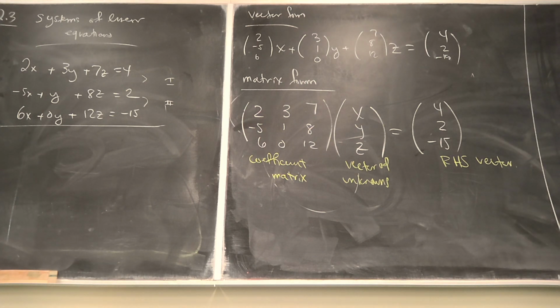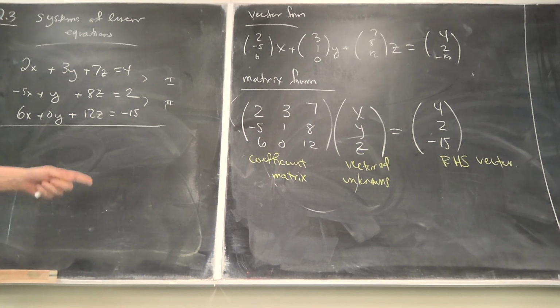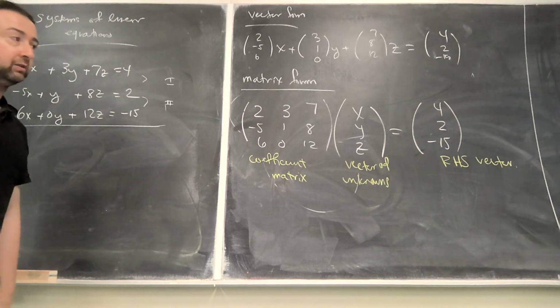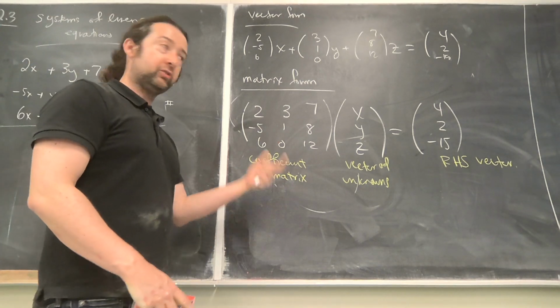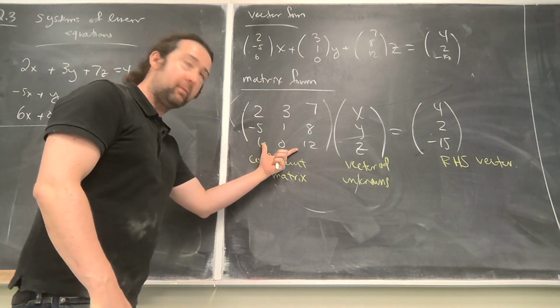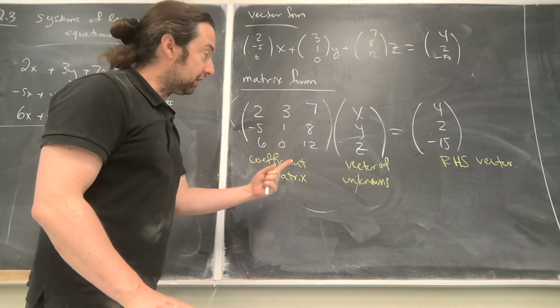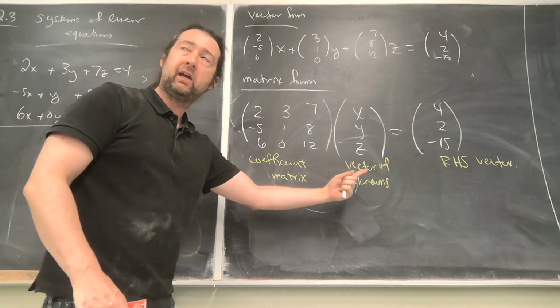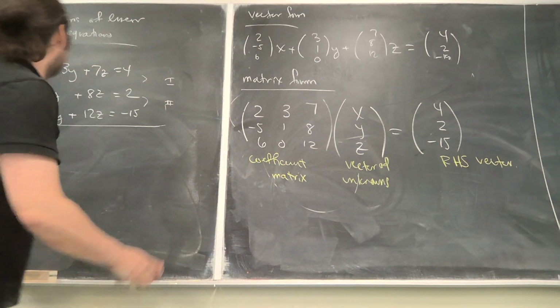So the last step that we could make here, if I'm trying to be as efficient as possible, is I could just take the variables out of this picture entirely and just record the numbers, with the understanding that if I wanted to, I could translate back into a set of equations again.